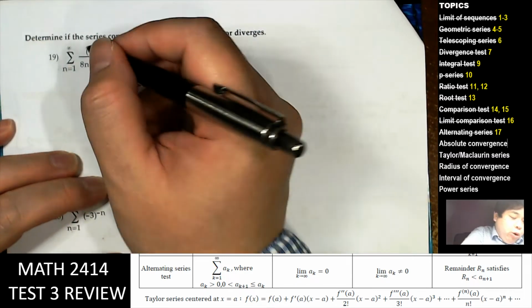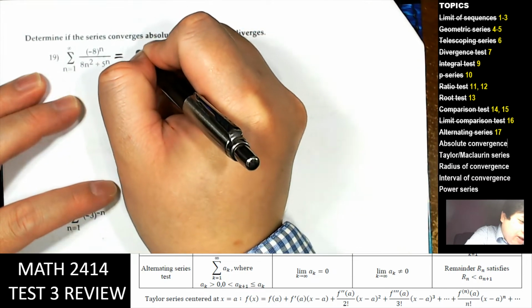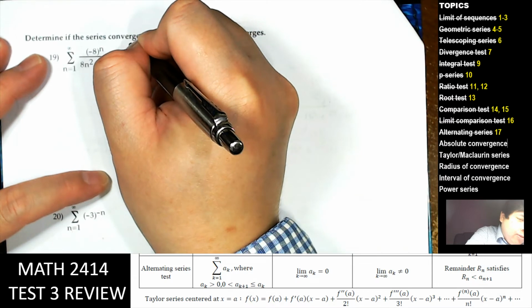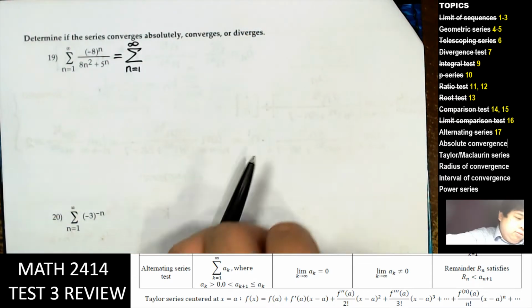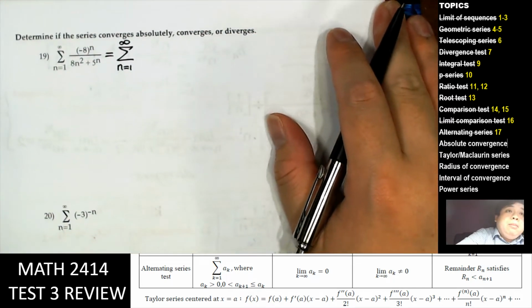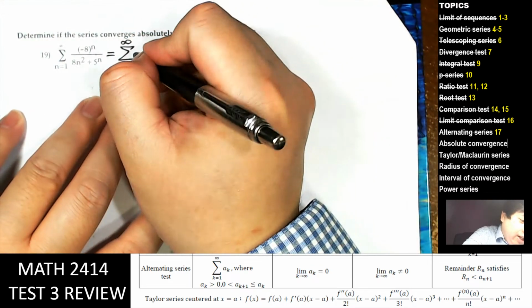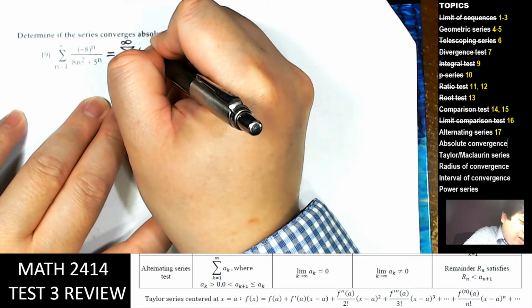Now, if we rewrite this, by the way, if we put the absolute values into it, that's what we do. Actually, let's just do that. We're going to do both. Let's use the alternating series test first.